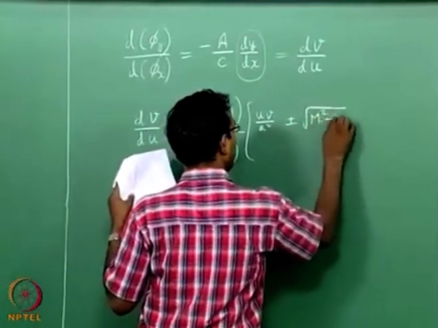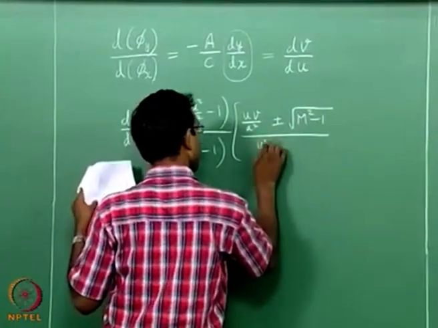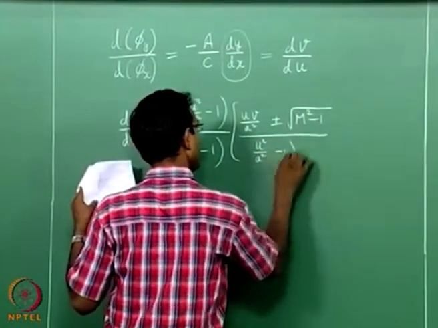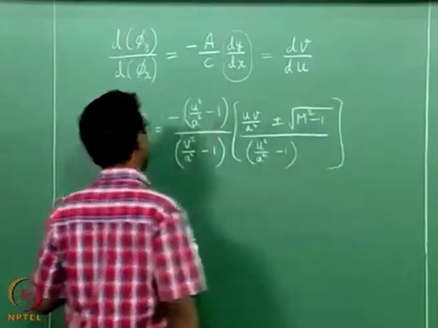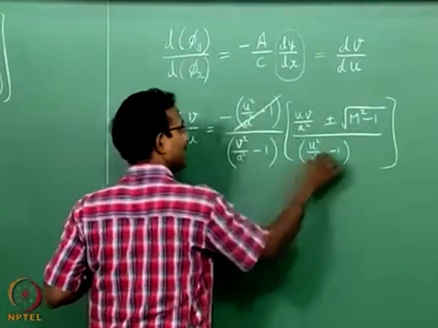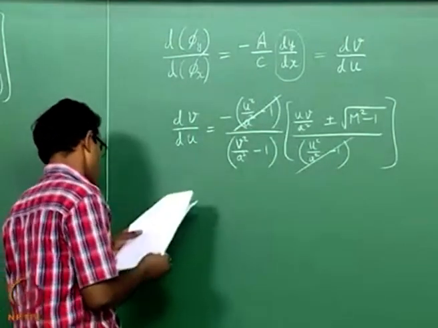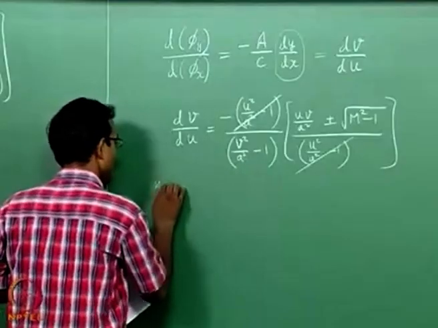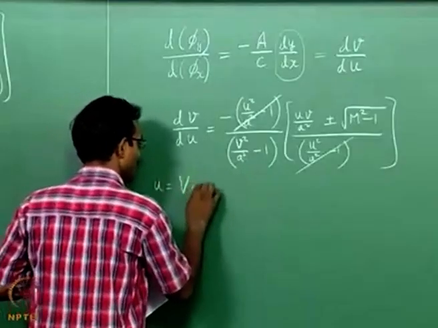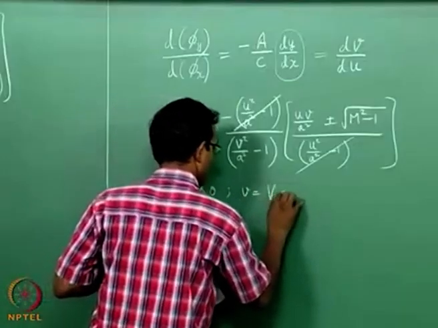That b square minus 4ac term we got it to be m square minus 1, we will keep it that way. Writing it in this form so that I will get rid of this term. So only thing remaining, we will now again substitute u equal to capital V cos theta and v equal to capital V sin theta.